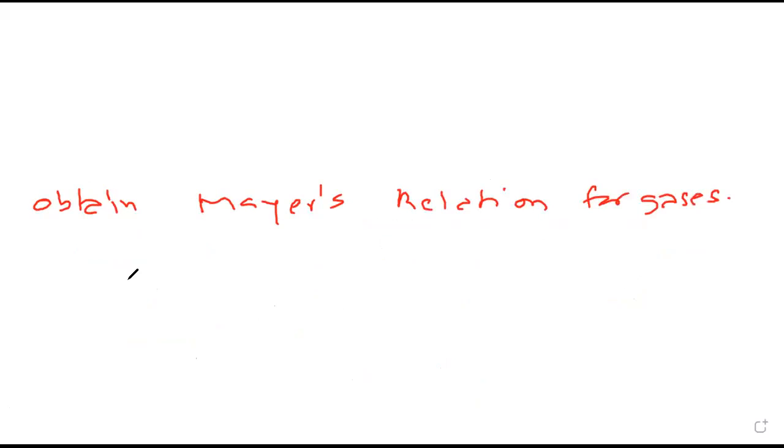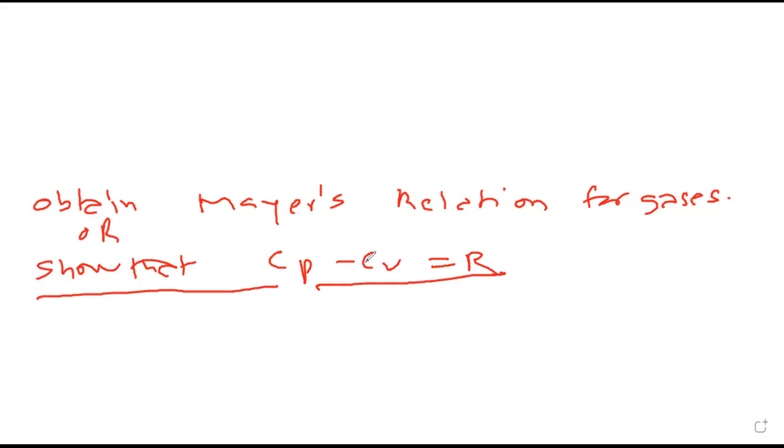Okay. Obtain Mayer's relation for gases or show that Cp minus Cv equals R. Write this heading. If the heading is written, tell me, and I will clear everything in small steps.